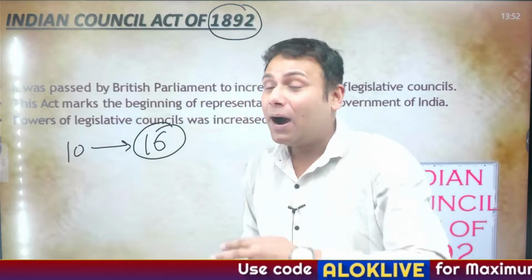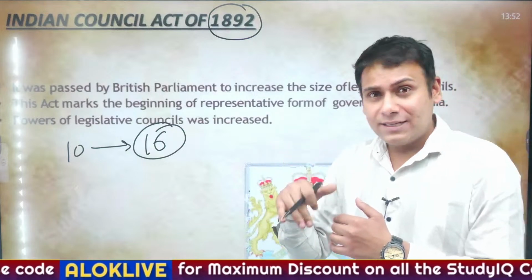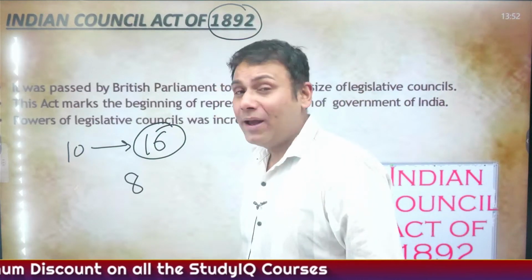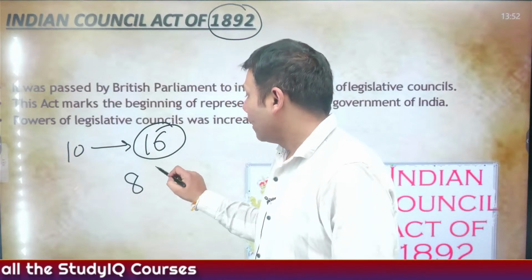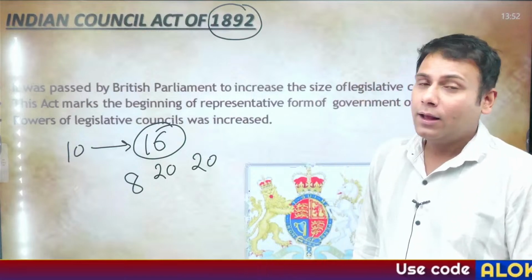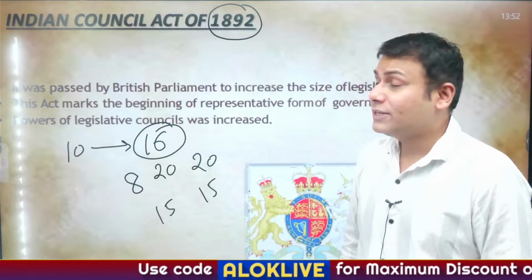Apart from this, the number of members of the provincial legislative councils was also increased. The Bombay Assembly had 8 members, Bengal 20, Madras 20, and the Northwestern Provinces 15 and United Provinces 15.